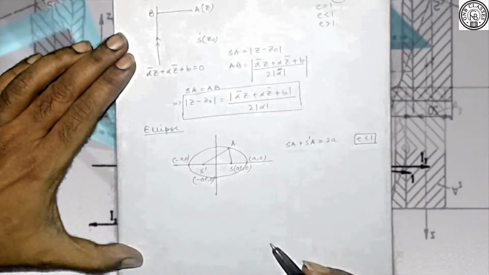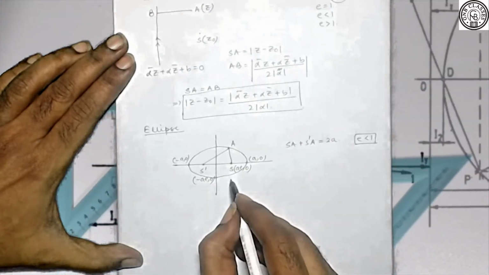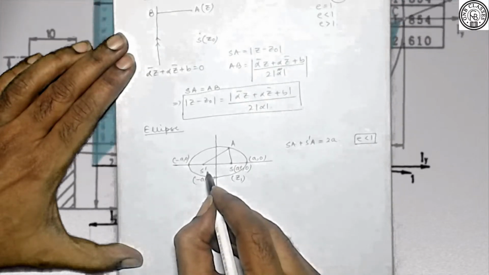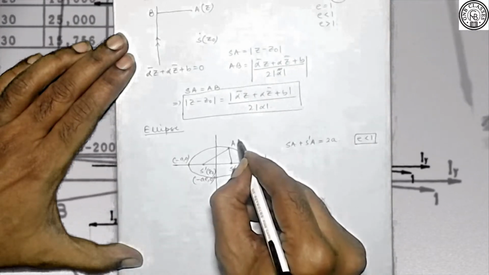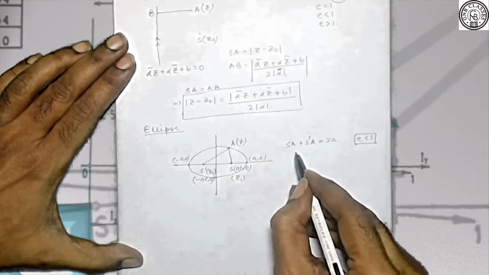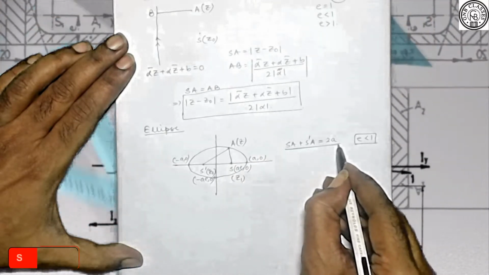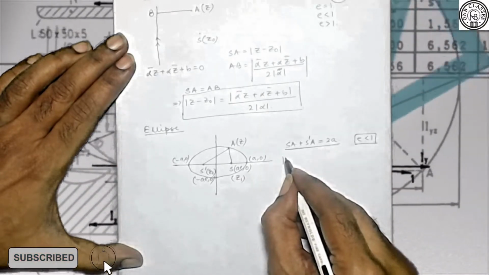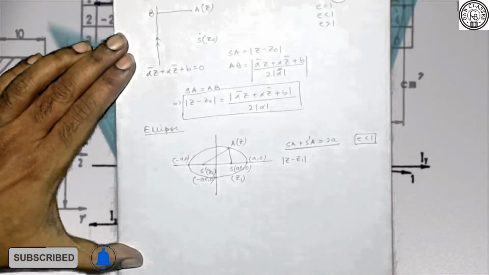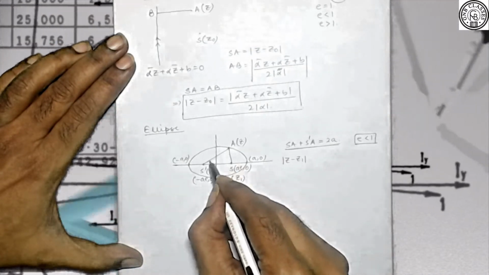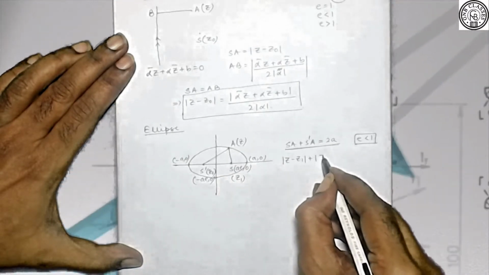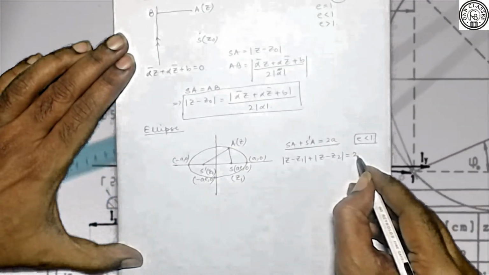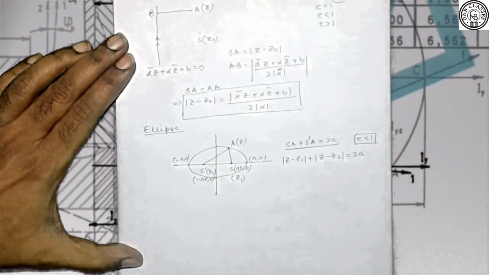So now, in the complex plane, let us denote S by, say, the point z1 and S dash by z2. The variable point A is z. So what this property says about ellipse is that the distance SA is mod of z minus z1, and the distance S dash A is nothing but mod of z minus z2. The sum of these two distances equals twice A. Right?